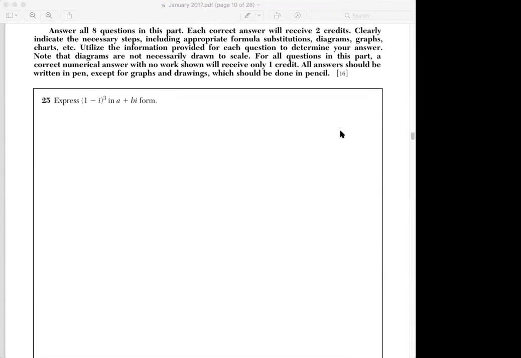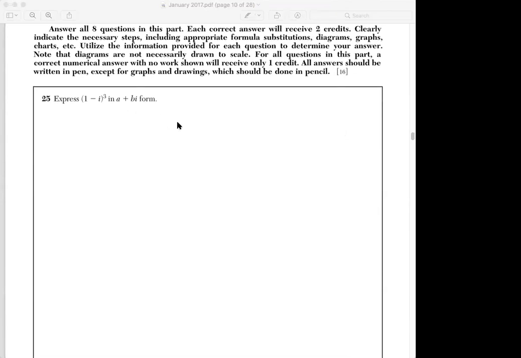Okay, express (1 minus i) to the third in a plus bi form.